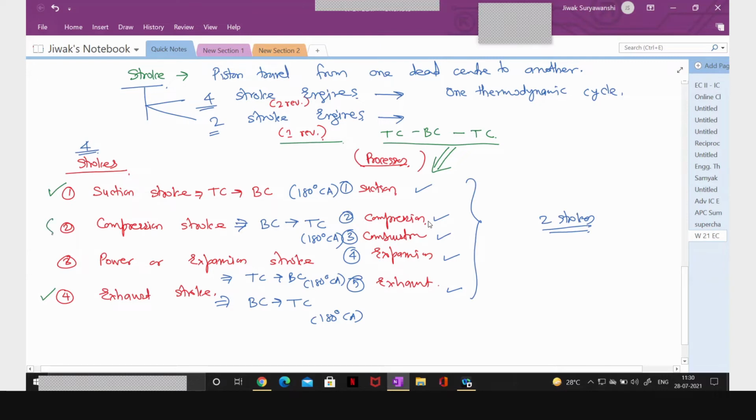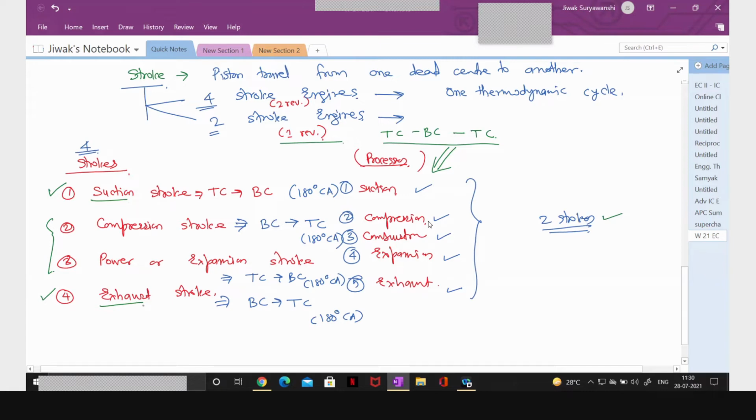We'll consider only these 2 strokes in the case of a 2-stroke engine, but we'll make some arrangement so that suction will also take place, and exhaust will also take place. Unless you suck in a fresh amount of air or charge, you cannot burn fuel. Unless you throw these exhaust gases or burnt gases outside the cylinder, you cannot take a fresh charge inside the cylinder.